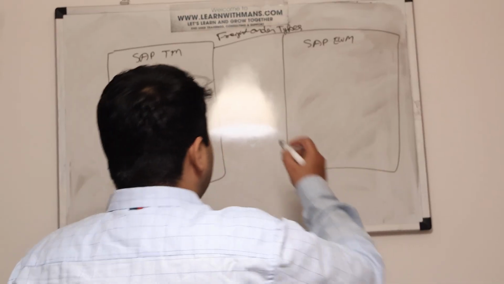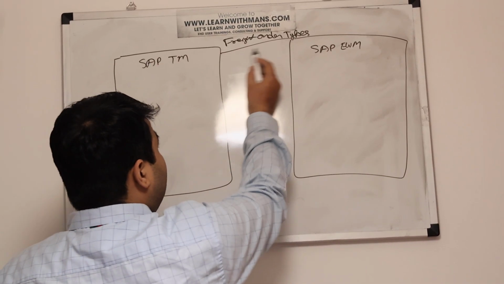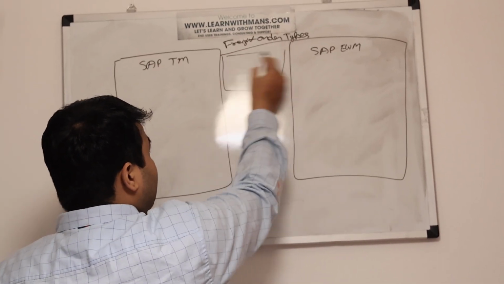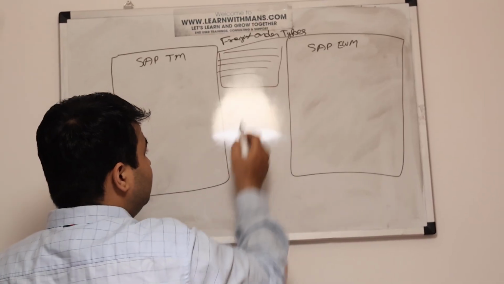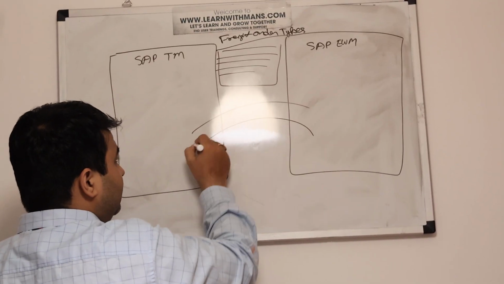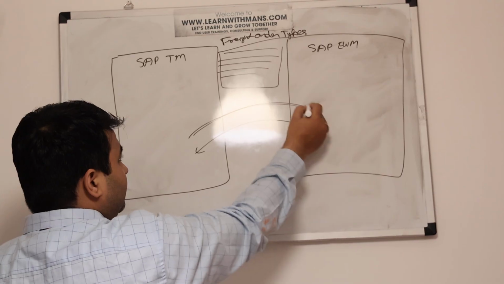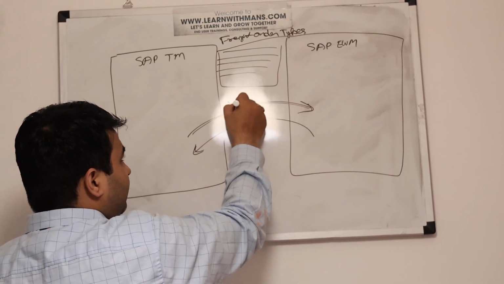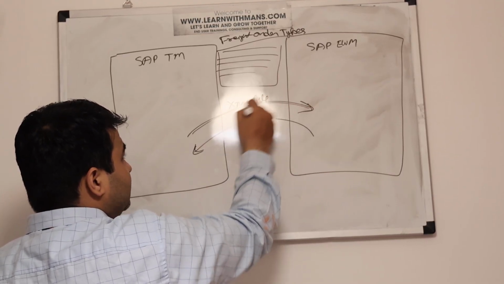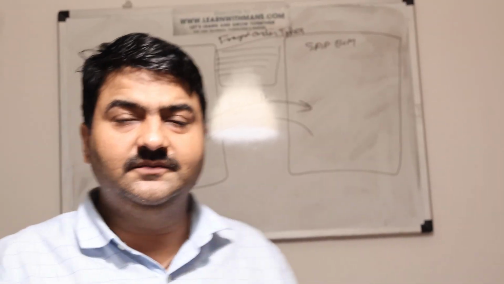Because in the configuration, the freight order types contain the area which is responsible for communication between both systems, through the XML file. What does the XML file do here in the SAP TM, EWM integration?